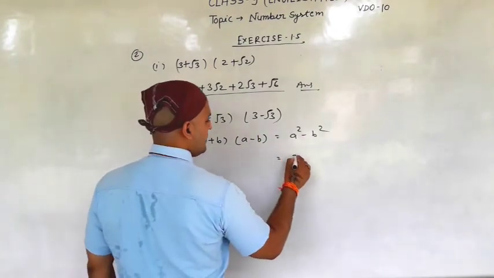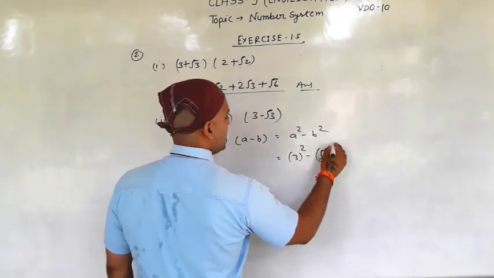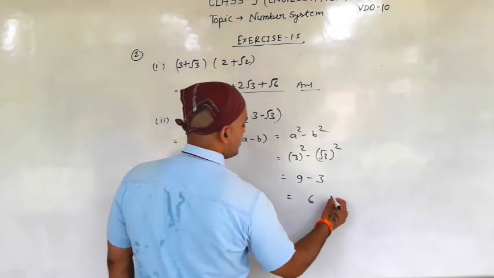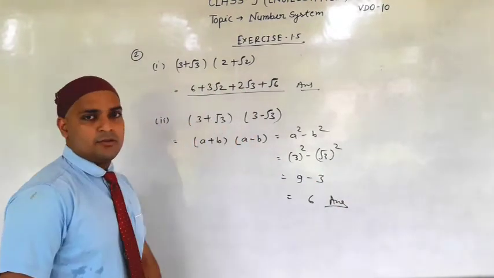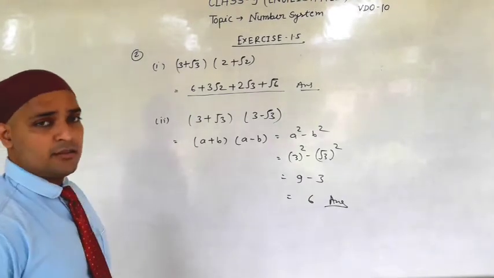A square means 3 square, b square means root 3 square, that gives us 9 minus 3, and the result is 6. Okay students, this was the second question.